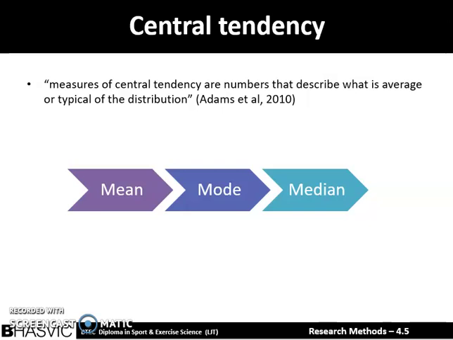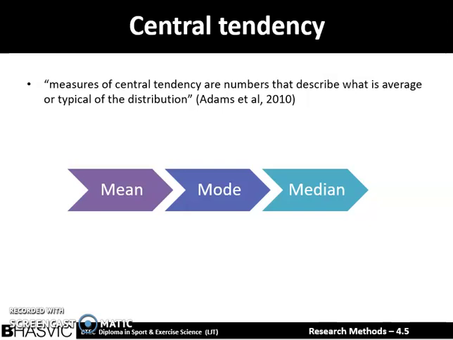To find the mean, you add all of your results up and then divide by the number of participants that you had in the set. The mean is used with either discrete or continuous data. It also includes every value in your data set in the calculation, and it's often related to standard deviation.